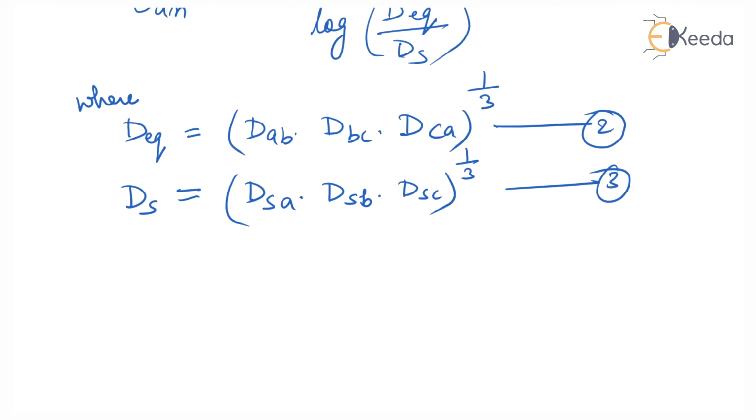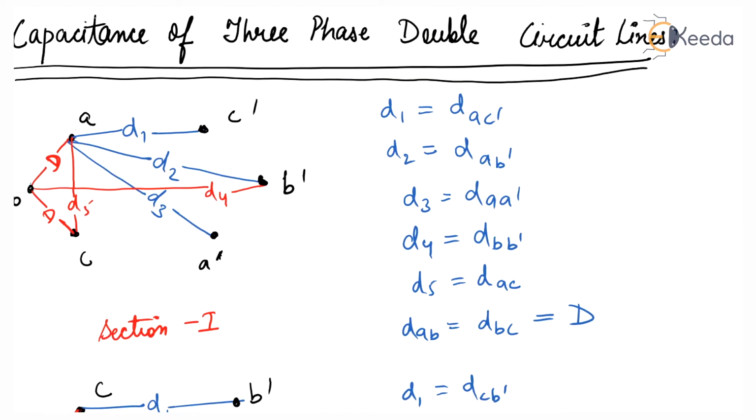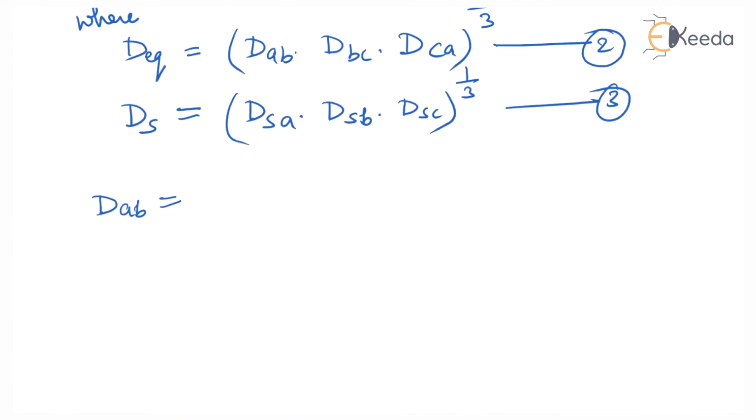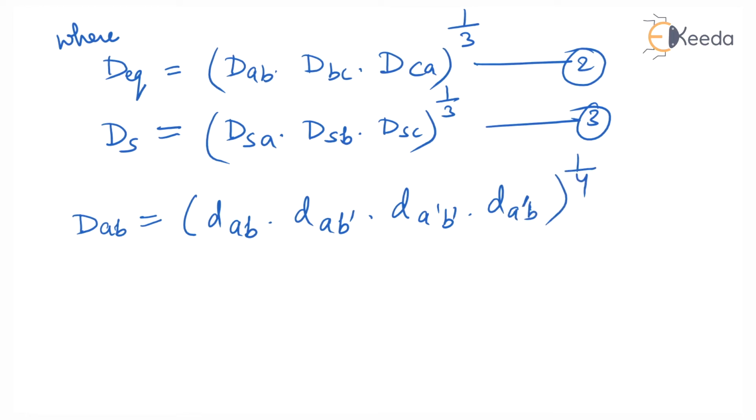So first calculate D equivalent. So for D equivalent calculate DAB, DBC and DCA. So first distance from A to B. This is equal to distance A to B into DA to B dash into DA dash B dash into DA dash B to the power 1 by 4.